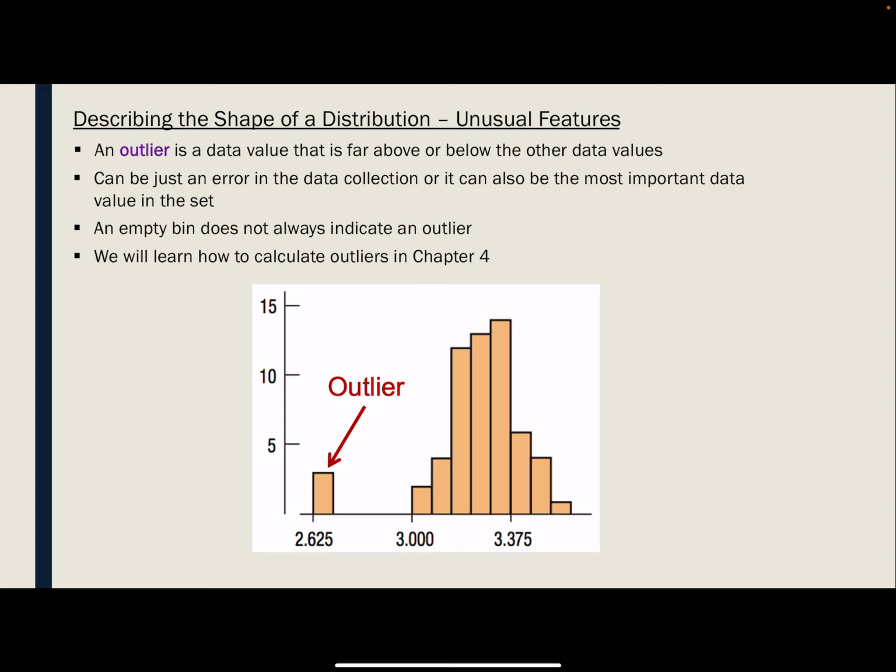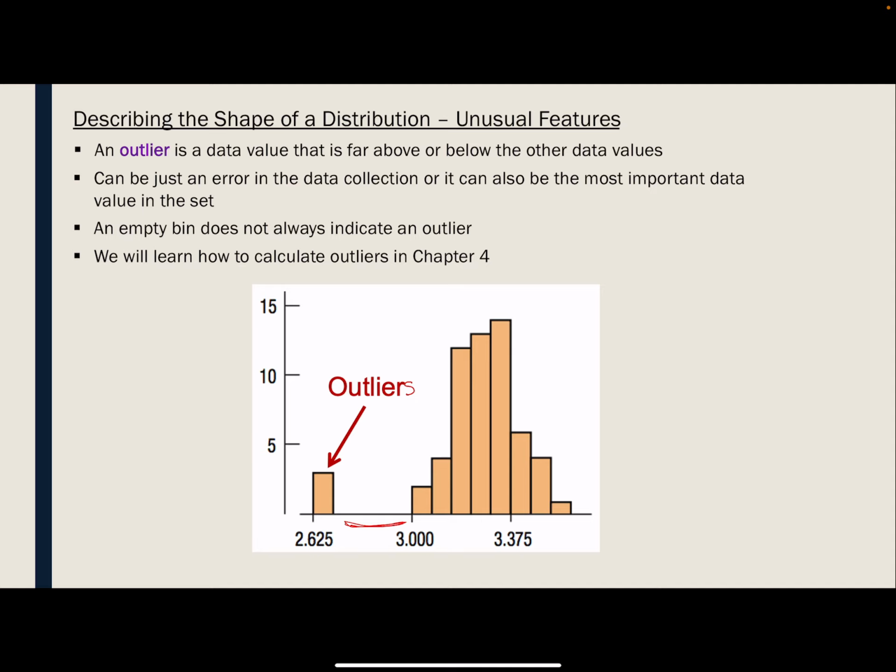When we're looking at a histogram, you want to be careful not to assume that just because there's an empty bin, anything right before it or right after it is automatically an outlier. It looks like several empty bins here, right? And then we have this bin here, which should actually say outliers because it looks like there's about 3 of them in here.